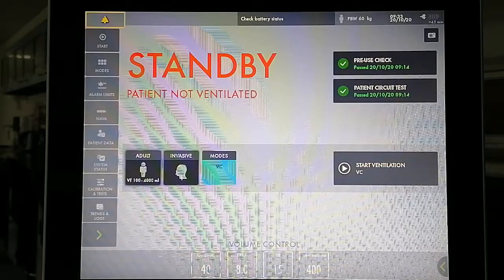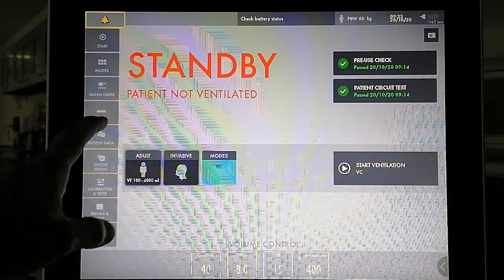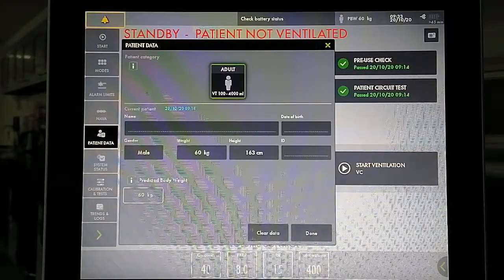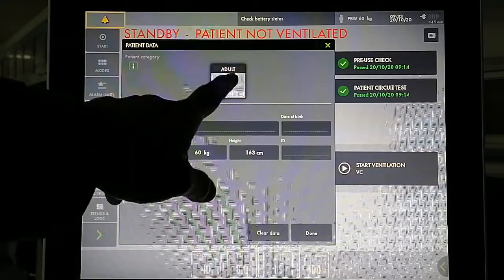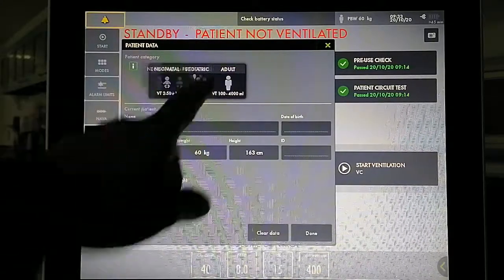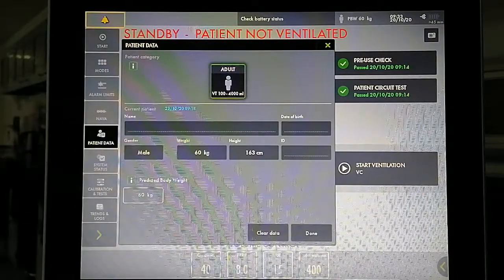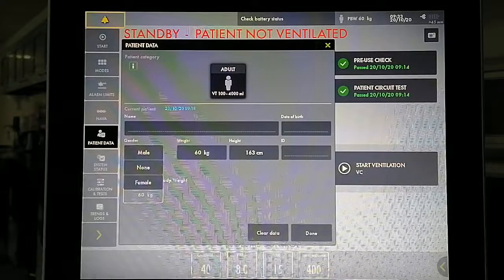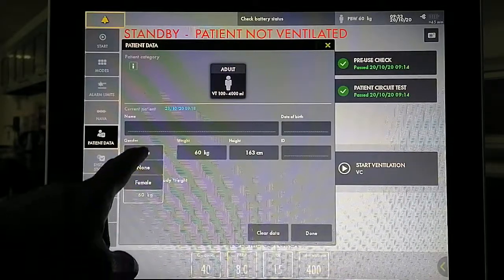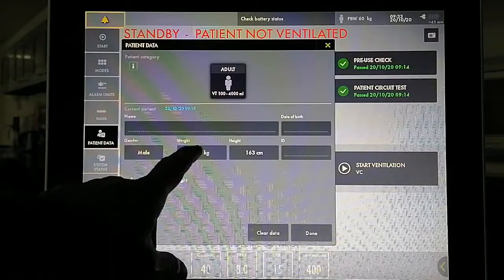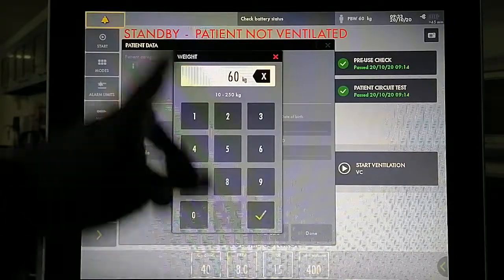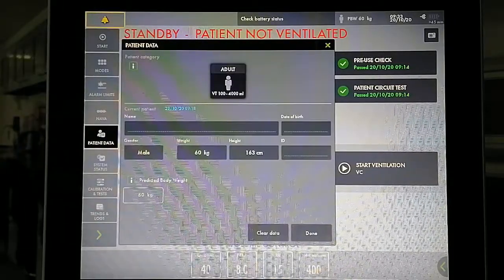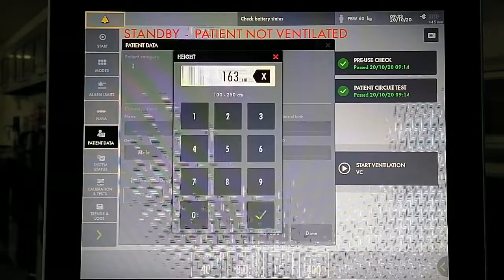Now before you begin setting the modes and the parameters, just check your patient data. Select what patient category you are going to ventilate, then enter the gender, in this case male, then the weight, let's say 60 kg actual weight, then enter the height.